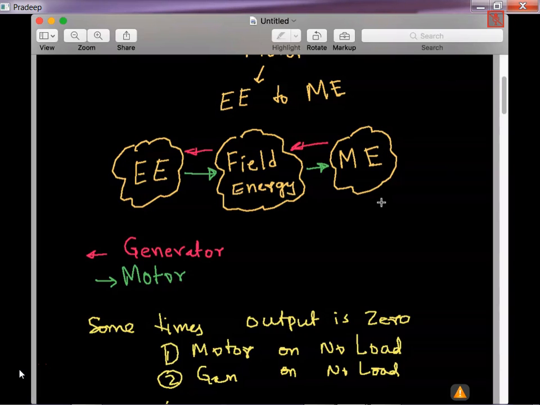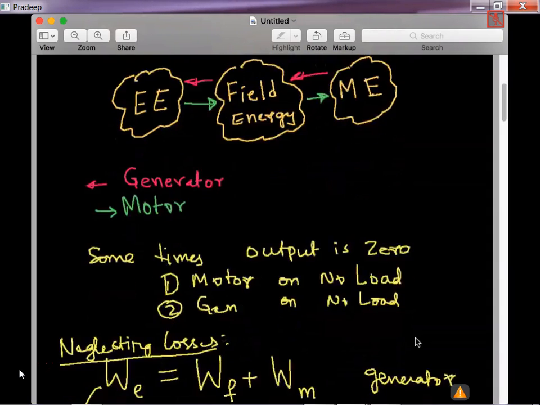So the electrical energy is converted into field energy, and field energy is in turn converted into mechanical energy. This process, left to right, is a motor. And if mechanical energy is converted to field energy and then to electrical energy, that process we call a generator.